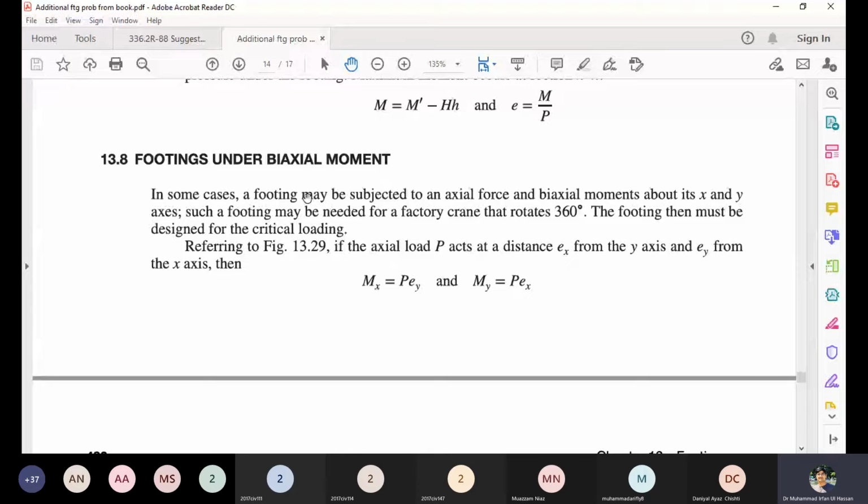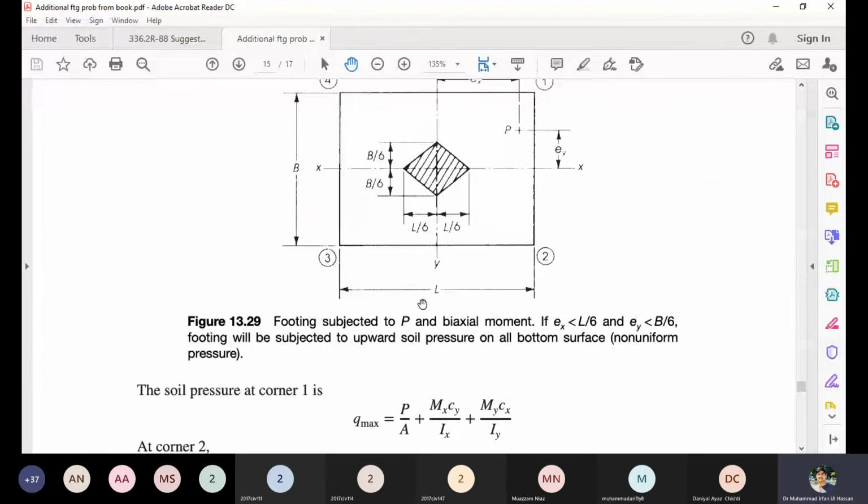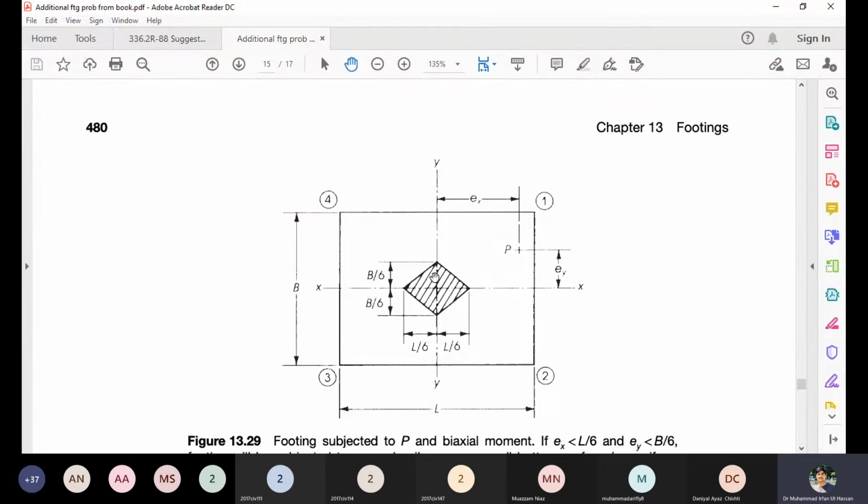Then I have also explained in the class about the biaxial footing, but I have written a general formula. When the eccentricity is present in both directions, here you can see that the load is acting here, so eccentricity is present in the x direction and also in the y direction.